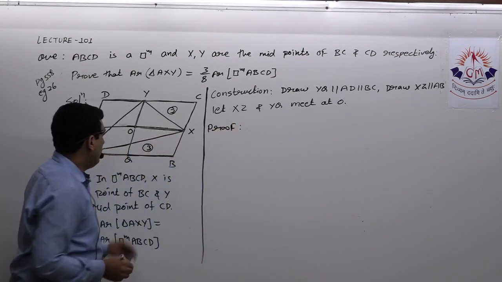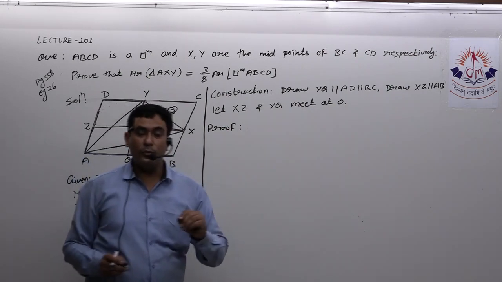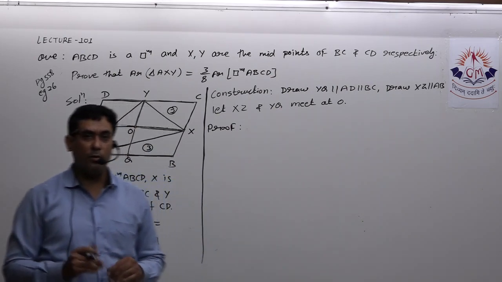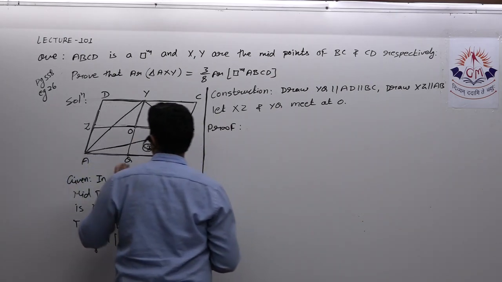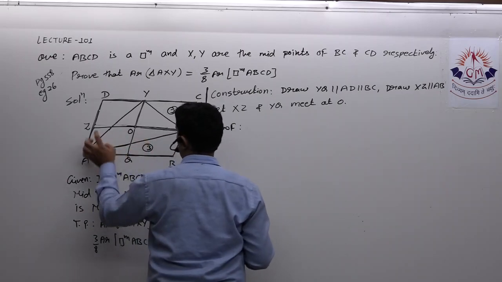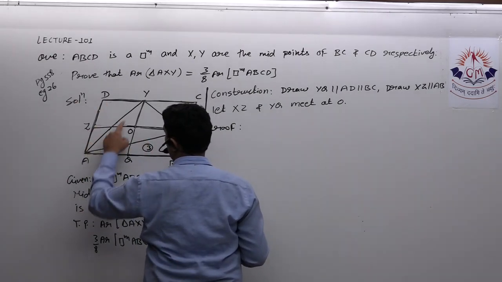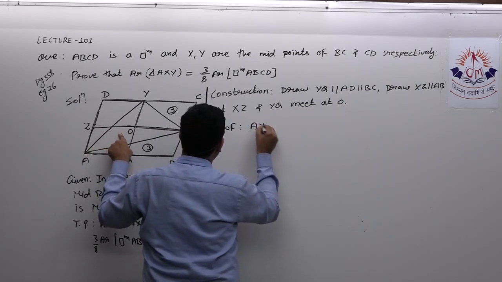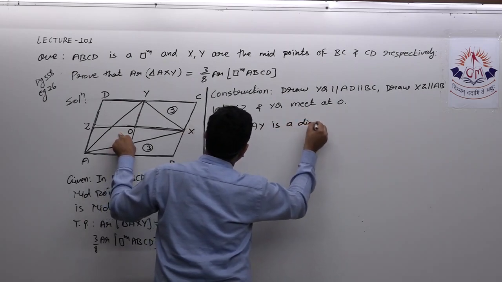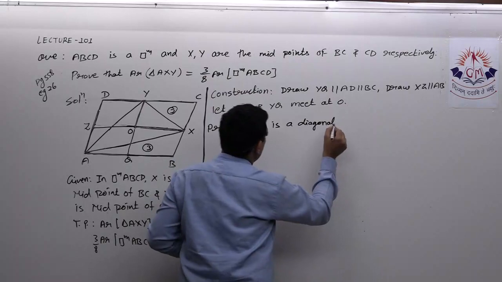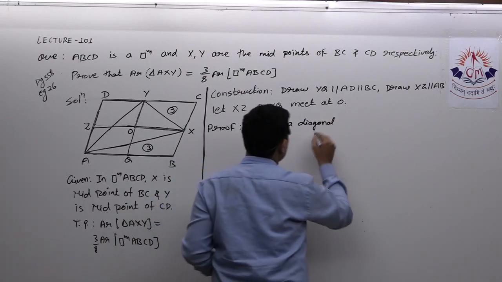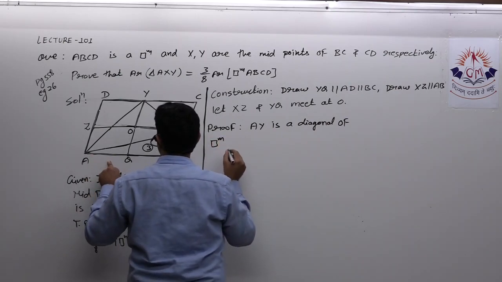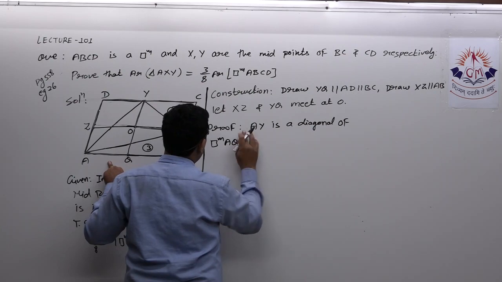Okay, so here throughout we are going to use one concept, that is diagonal of a parallelogram divides it into two triangles of equal area. So first I will say that AY is a diagonal of parallelogram AQYD.